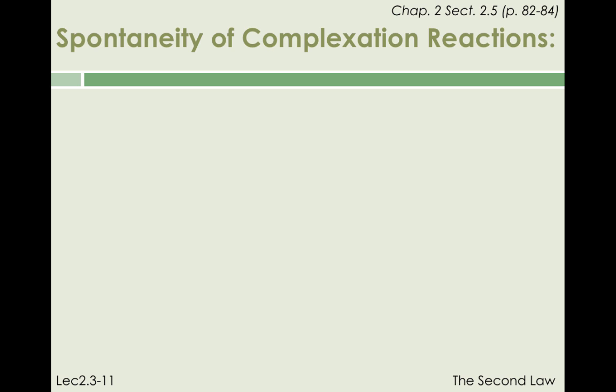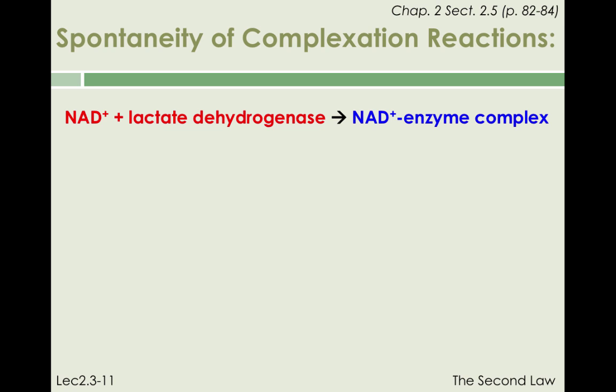We now follow the same approach to evaluate the spontaneity of the complexation reaction between nicotinamide adenine dinucleotide, in short NAD+, and lactate dehydrogenase. We write the reaction as NAD+ plus lactate dehydrogenase forms the NAD+ enzyme complex. At 25 degrees Celsius and under a pH of 7, the standard entropy change for this process is minus 16.8 joules per mole per Kelvin.